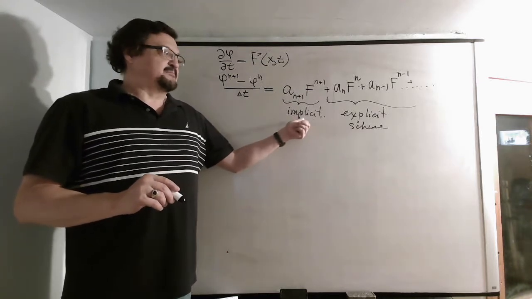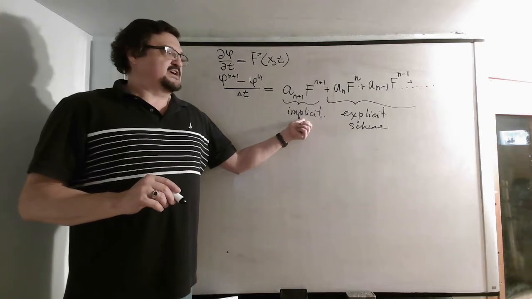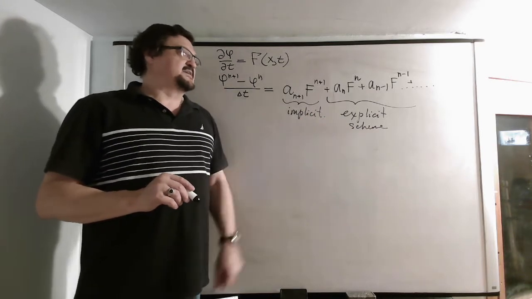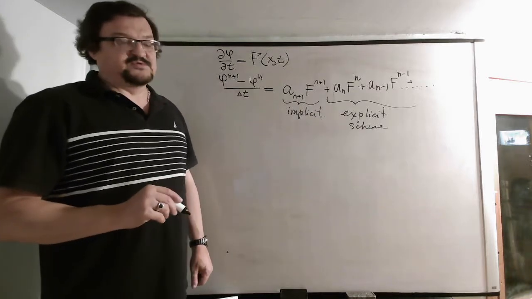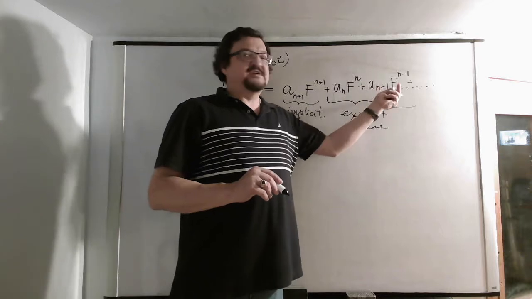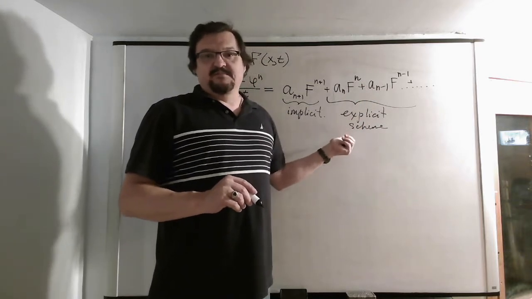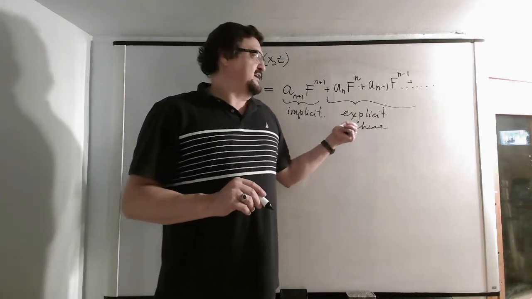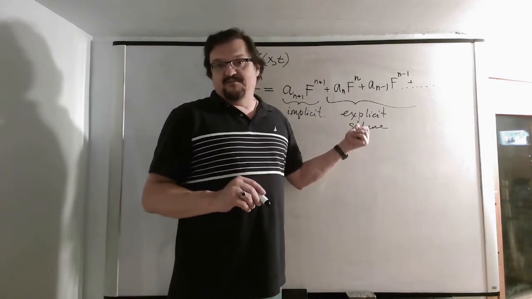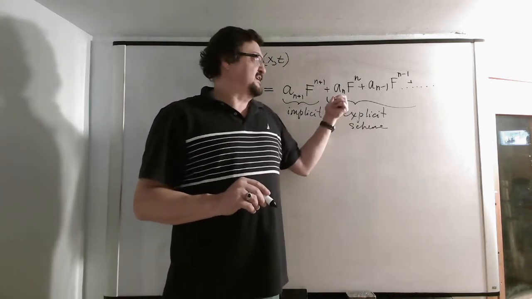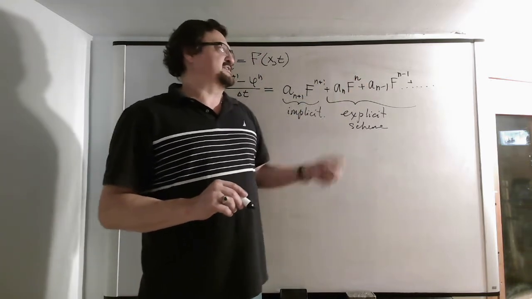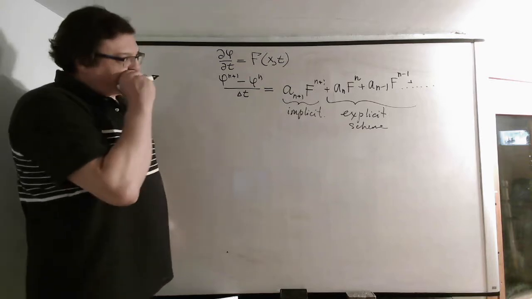Unlike implicit schemes, which generally don't have a stability constraint on the time step, explicit schemes always do have some stability constraint. Moreover, the more terms you use here, the more restrictive the scheme generally becomes. So in general, the time step becomes smaller and smaller, unlike, say, when you use only time step n with, say, an upstream bias scheme.